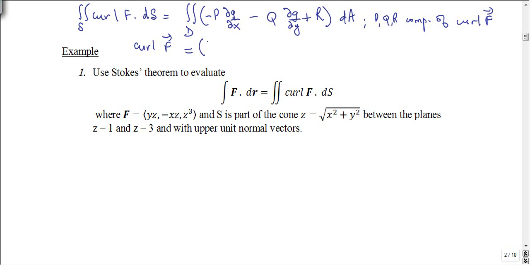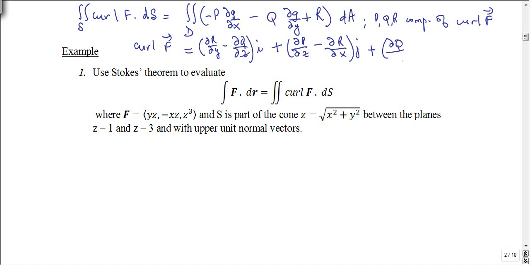It is partial R partial y minus partial Q partial z, i, plus partial P partial z minus partial R partial x, j, plus partial Q partial x minus partial P partial y, k.